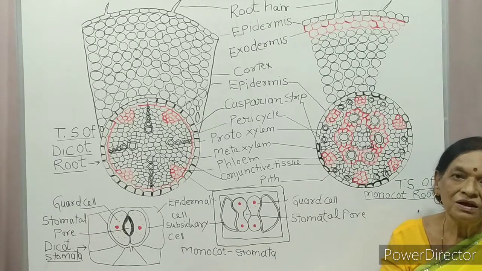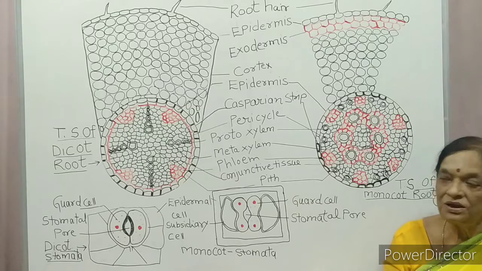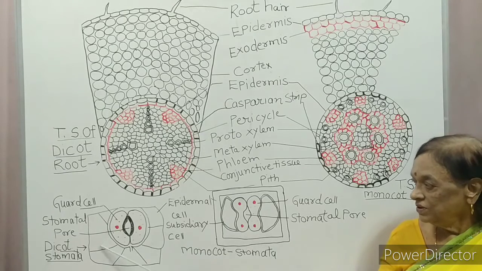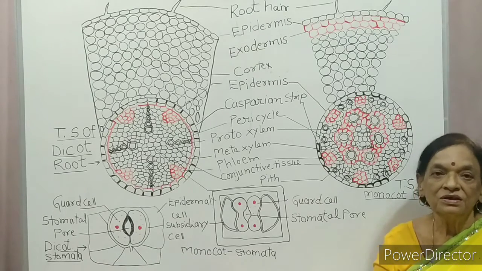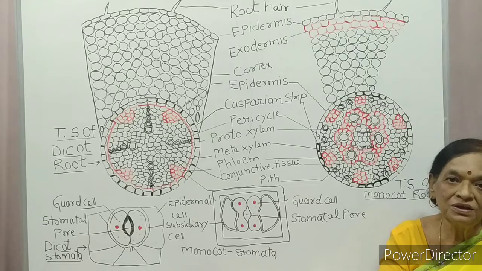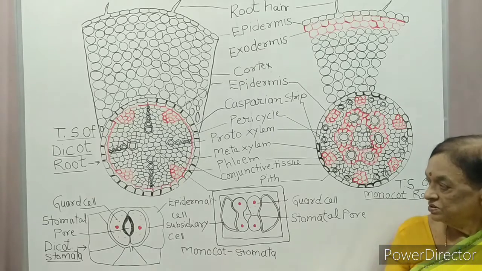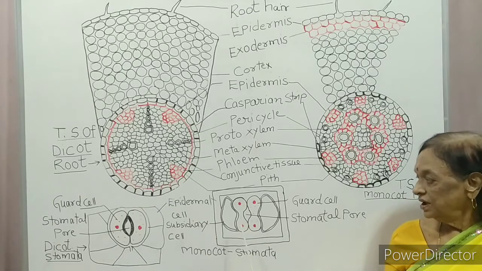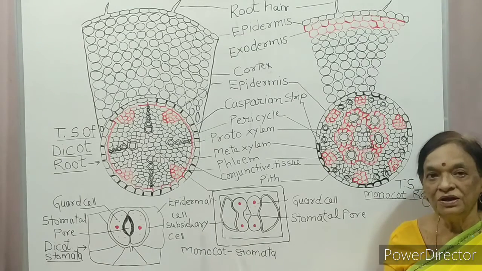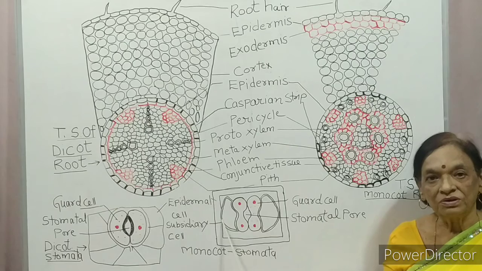Guard cell of dicot is surrounded by irregular subsidiary cells. Subsidiary cells are cells which surround the guard cell. So they are irregular in dicot and somewhat triangular in monocot.